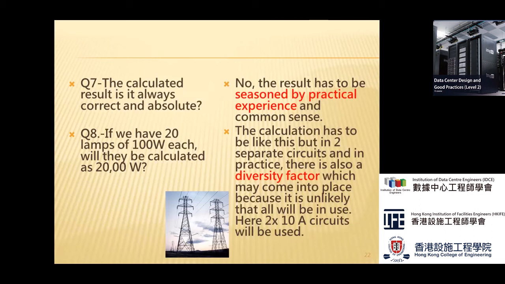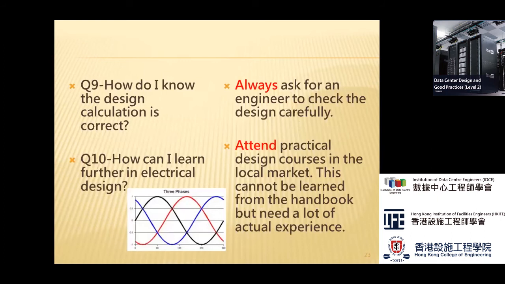There's some allowance here. Number 9, how do I know the design calculation is correct? Well, always ask for an opinion from an electrical engineer to check the design carefully. Once I did a design for a government building, but when I supervised the engineer, they forgot that the fluorescent lamp has a choke, and also the harmonics and all these things.